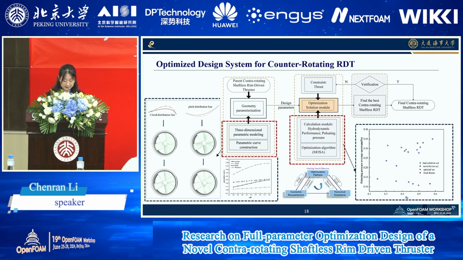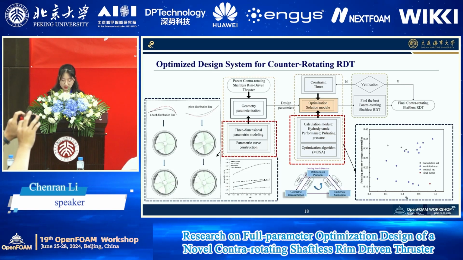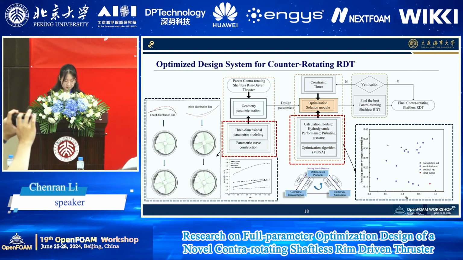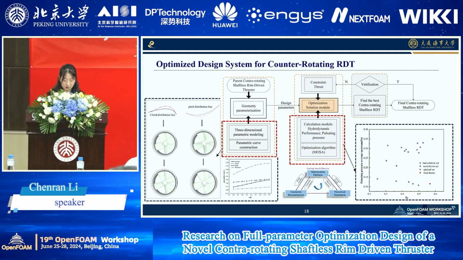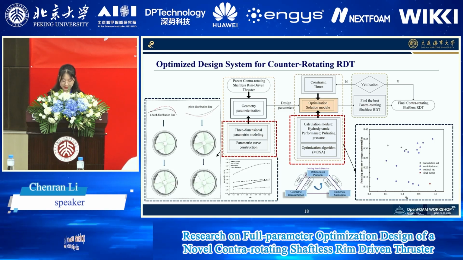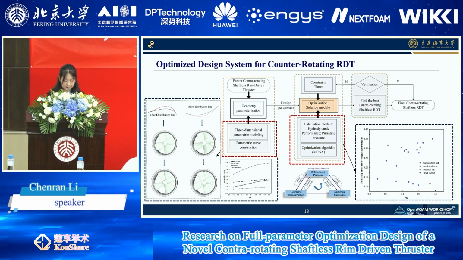By selecting and setting the range of the design variables for the counter-rotating RDT, a multi-objective optimization system is established to optimize the hydrodynamic performance and pulsating pressure performance of the counter-rotating RDT.